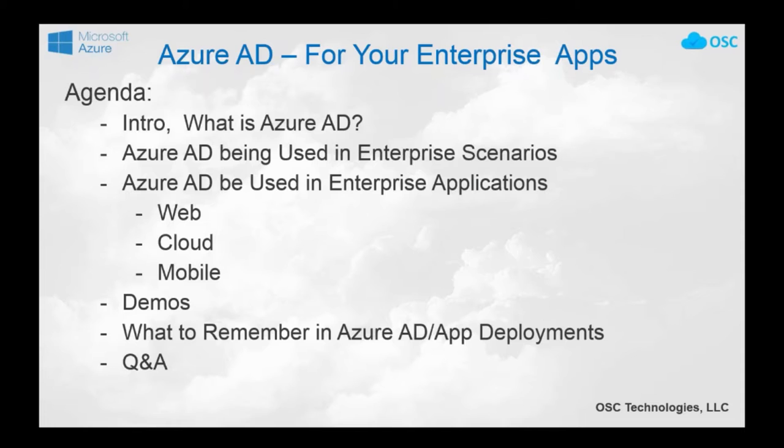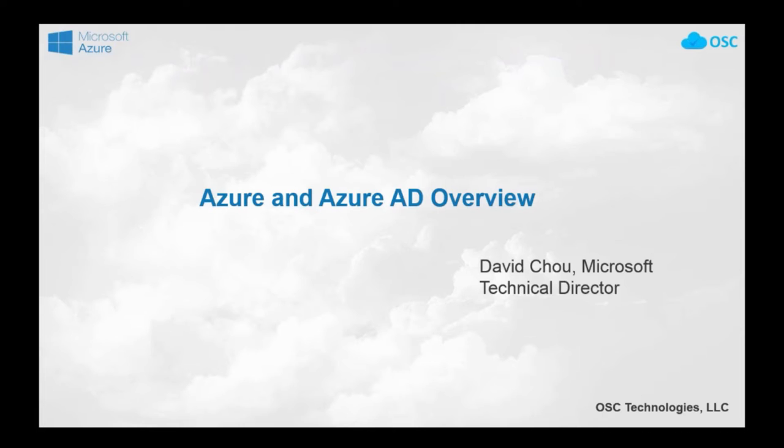He will talk about several of the issues around your applications and how to do this securely. After the demo, we'll have some pointers on what to remember and a quick overview on OSC by myself. That being said, let's jump into it and have David start with an overview on Azure.